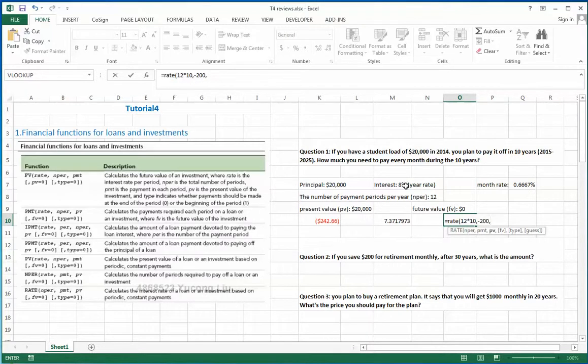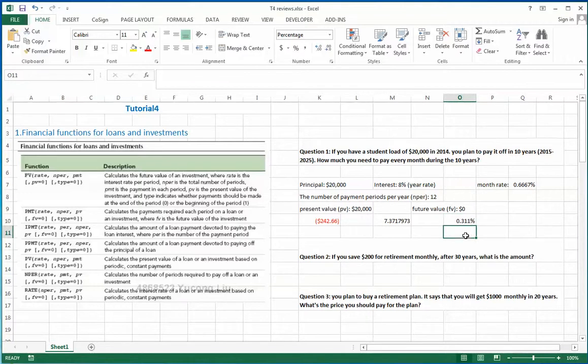Okay, then present value is still the loan, 20,000. It means you want to find the rate, such that according to that rate, you only need to pay 200 and by the end of 10 years, you pay off the loan. Then what's the rate? We get 0. We need to add the digits.